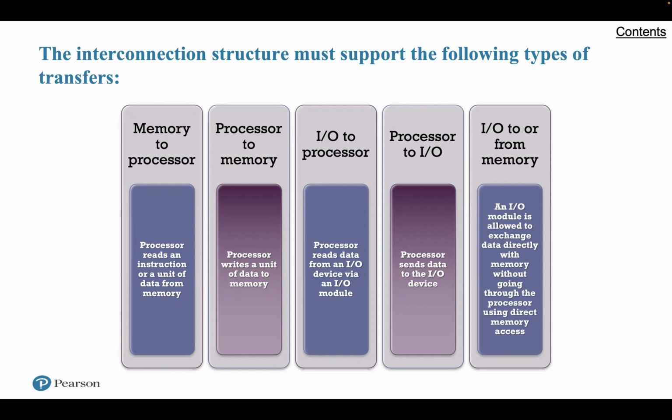We have the processor to I/O: the processor sends data to the I/O. And the I/O to or from memory: for these two cases, an I/O module is allowed to exchange data directly with memory without going through the processor, using direct memory access, DMA. So those are the things that we have here, and we're getting some more insight into how we can be doing the various types of transfers.